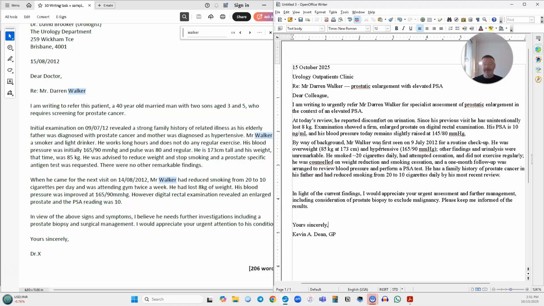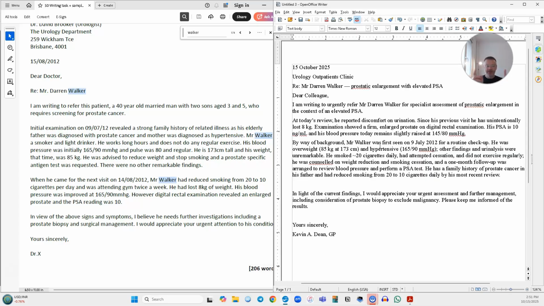So, at today's review, he reported discomfort on urination and 8 kilograms of weight loss. Examination showed a firm prostate. Digital rectal examination, PSA, and so on.